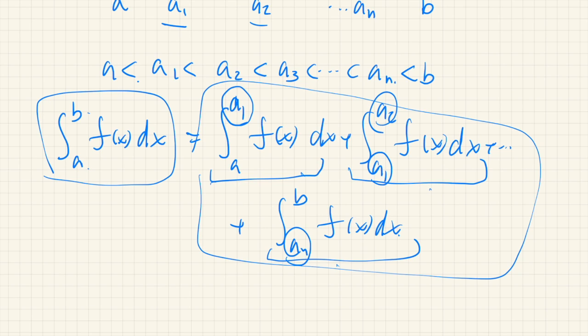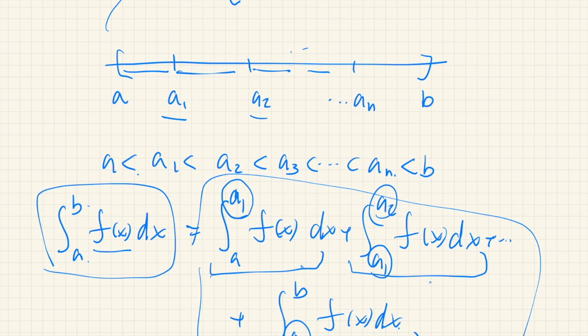So in this case, we can say that this discontinuous function f of x with finitely many discontinuous points is integrable on this closed interval from a to b. Okay, let's see an example.